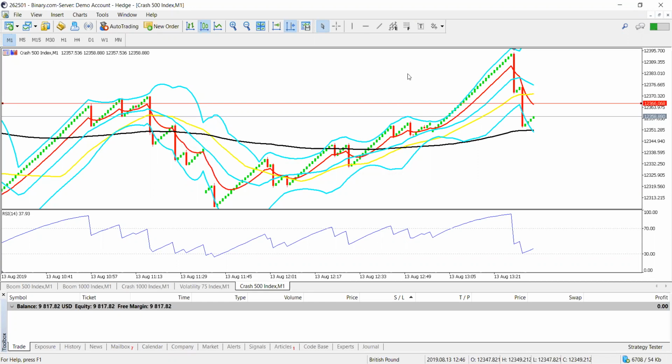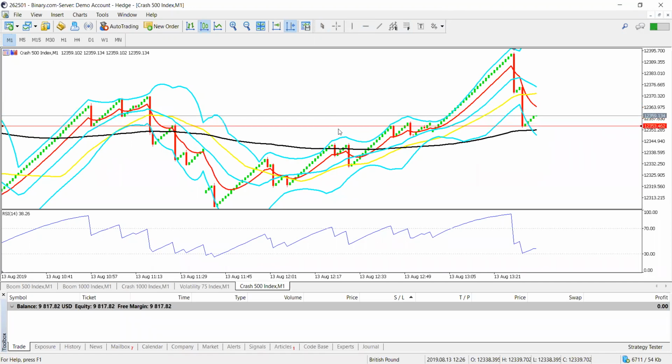And then whenever there was a previous crash, like here, before this crash happened, this one happened. So this one is crashing on resistance. Same thing with these ones up here. They are crashing on resistance.